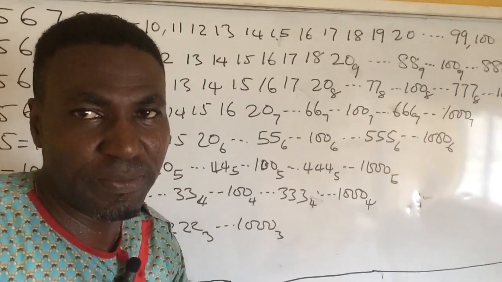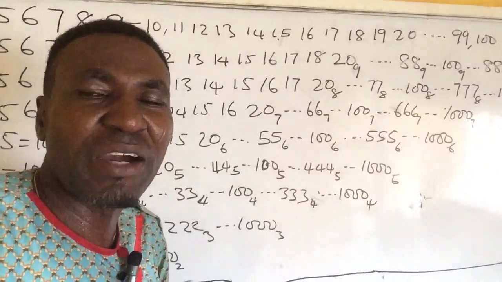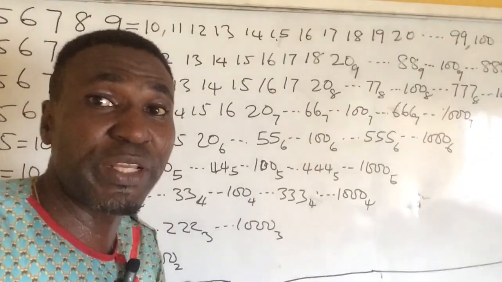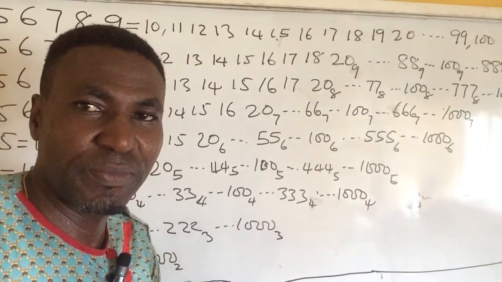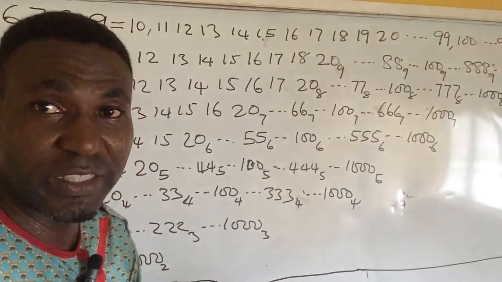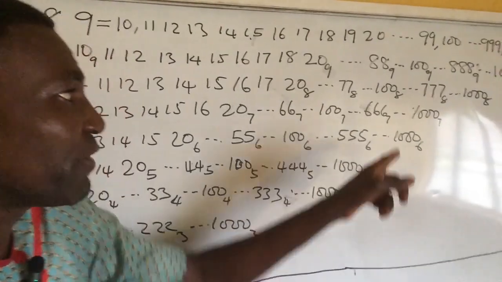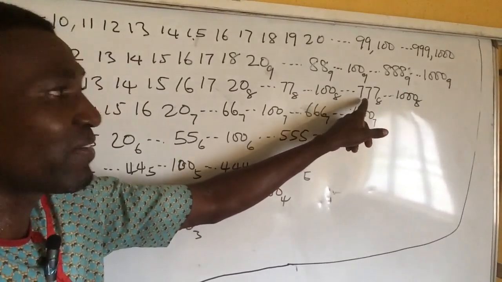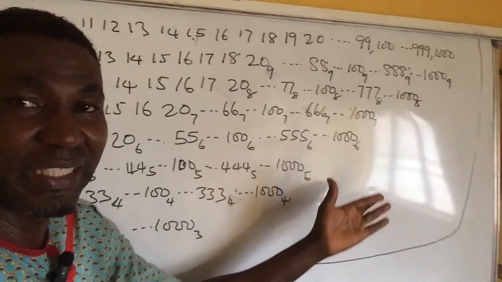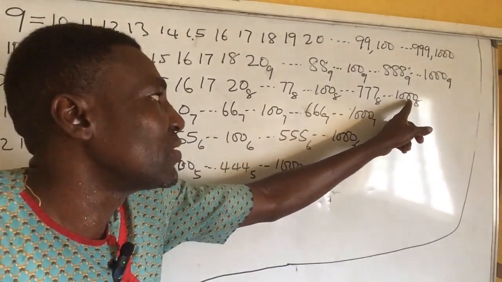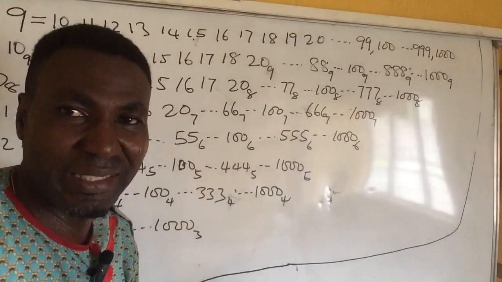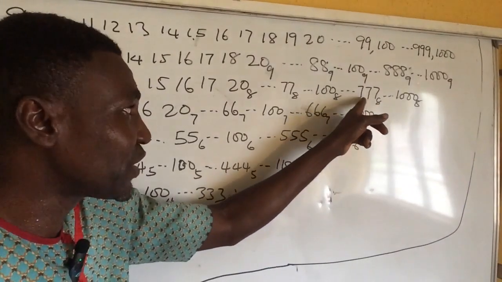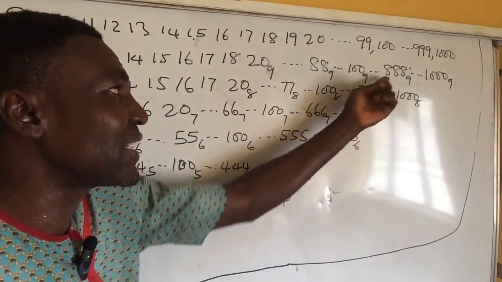In base 8 now, where 8 does not appear in the number, when you reach 77, you now meet 100, which is a kind of 100 in base 8. And if you continue like that, when you meet 777 base 8, you now meet 1000, which is a kind of 1000 in base 8, because you will not meet 8, you will not meet 9 again.